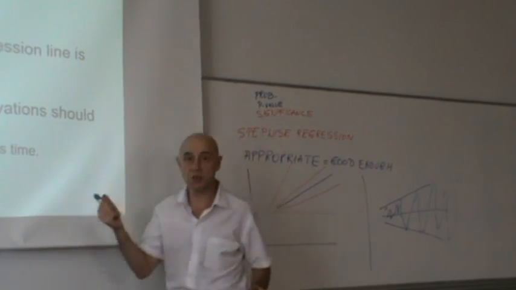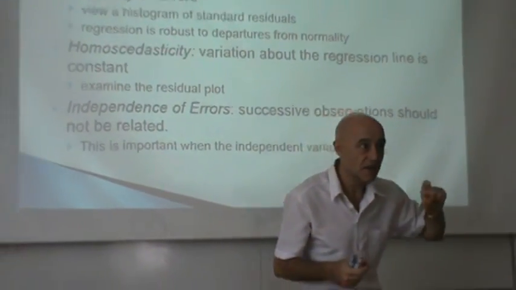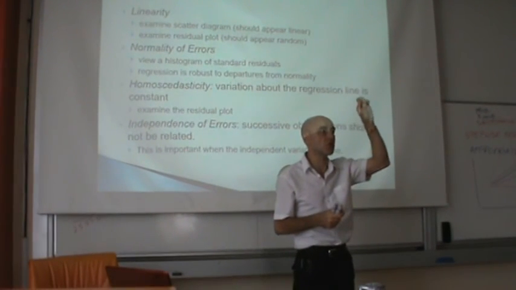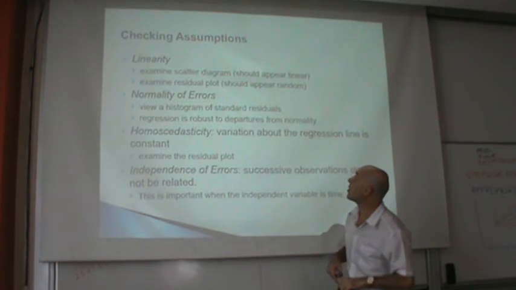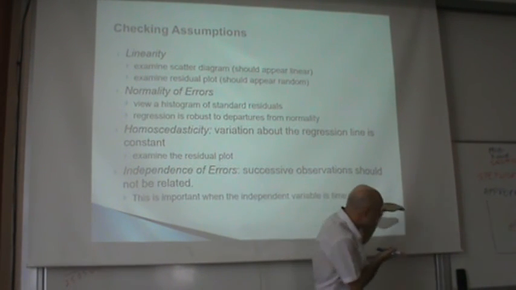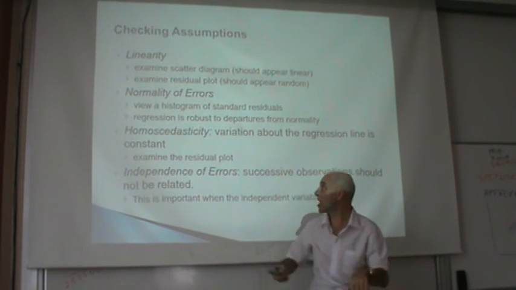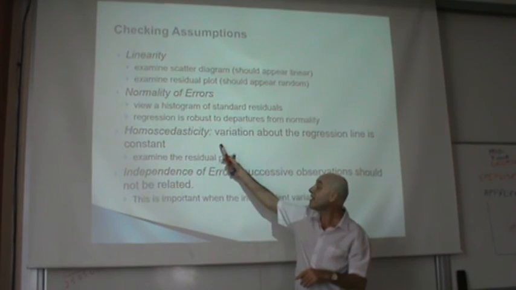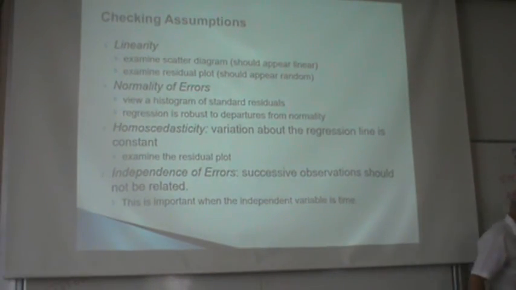Now, maybe I need to explain. A residual is simply the error of the fit. It's the difference between the observed value and the fitted value. So that's homoscedasticity. Homoscedasticity means that it is a parallel channel, okay? And the opposite is called heteroscedasticity, which means it's a funnel.